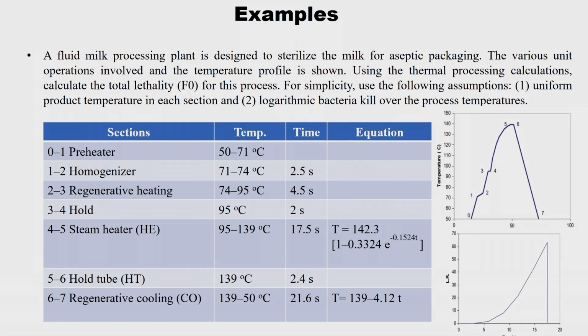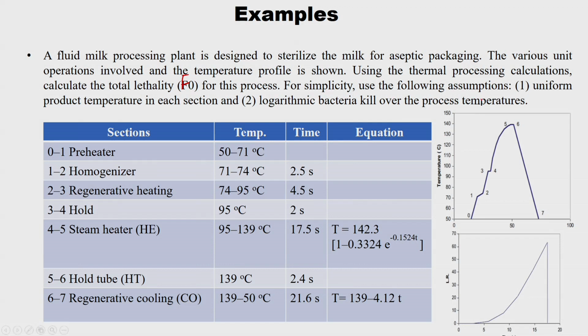Okay, so, here is the main problem. A fluid milk processing plant is designed to sterilize the milk for aseptic processing. The various unit operations involved and the temperature profile are shown. I am sorry for this particular slide, but I wanted to show you all three in one slide itself. Using the thermal processing calculations, calculate the total lethality, which is nothing but the F naught value, for this process.